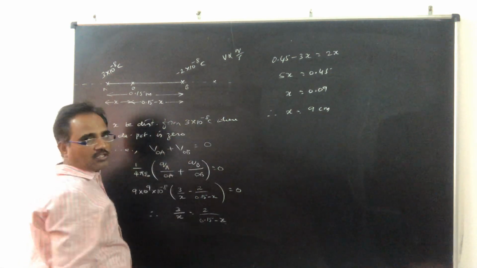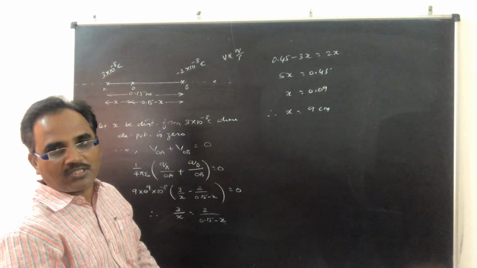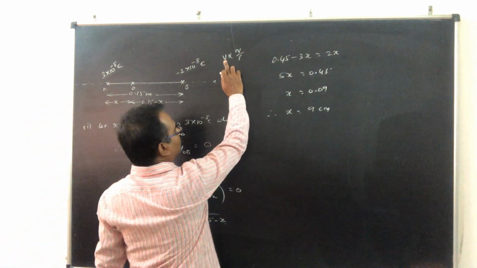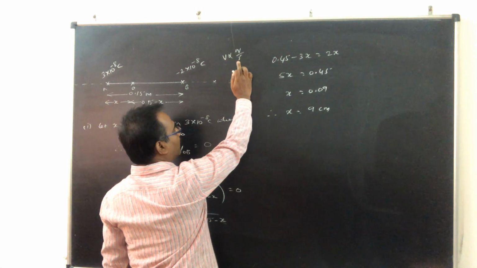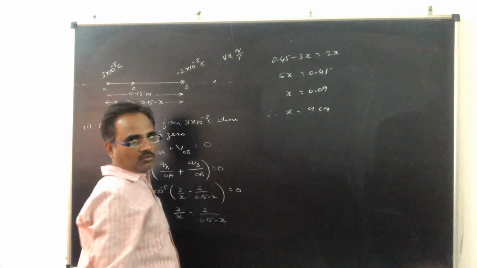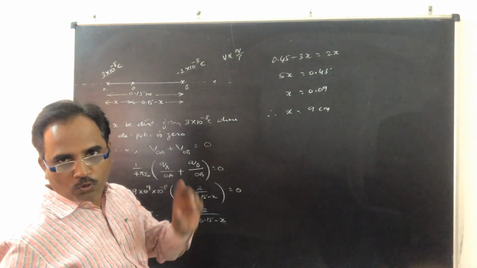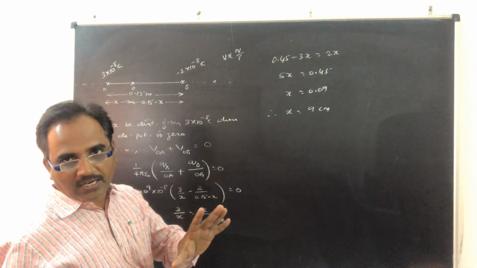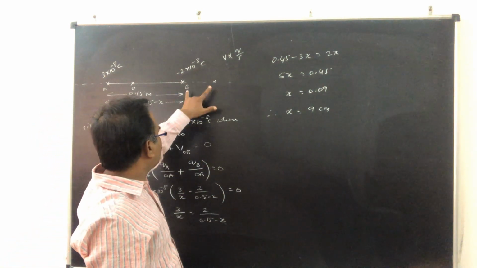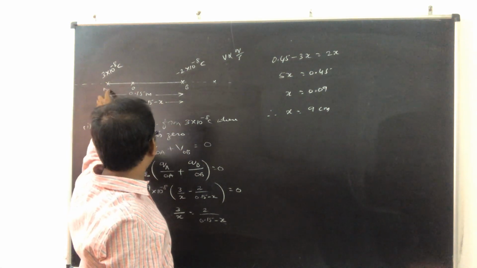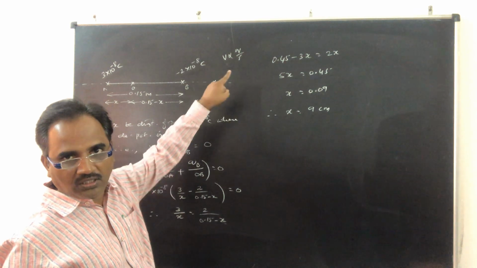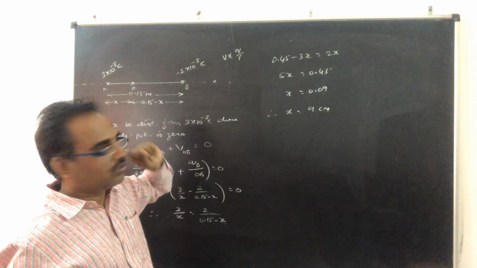At such a point the potential can be constant. Due to two charges, if the potential is to be constant, then Q must be proportional to R. Smaller the charge, smaller must be the distance. Larger the charge, larger must be the distance. At such a point only the potential can become constant. In this case it is 0.